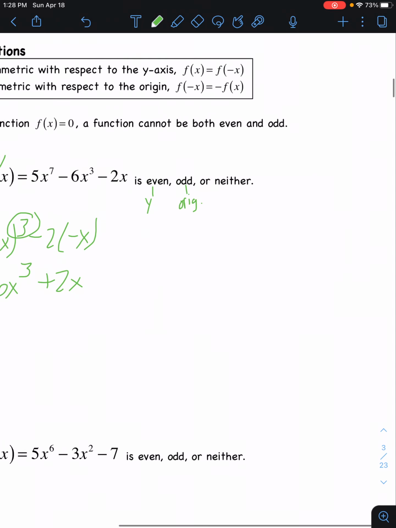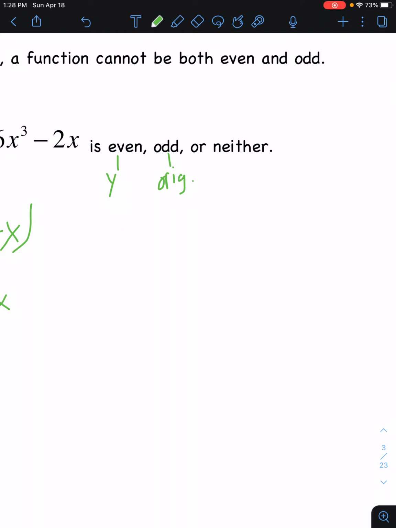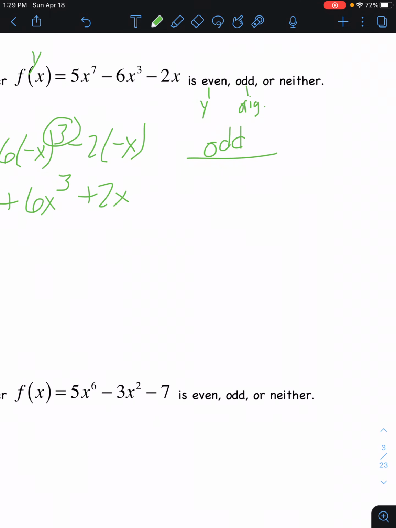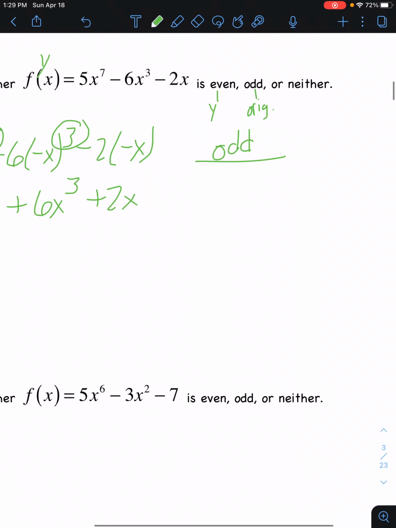Now we're going to test if it's odd, which means testing if it's symmetric in respect to the origin. Remember from part 1, to test if something is symmetric in respect to the origin, you must change both the y and the x's to negative.